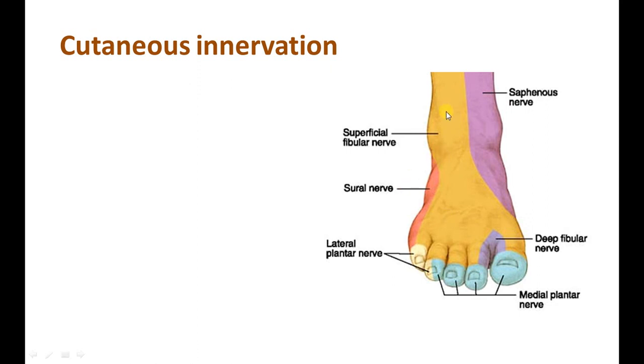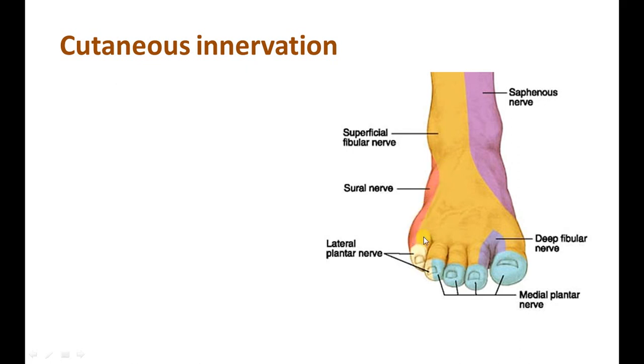In the same way, coming to the lateral border of the foot along with the little toe, but excluding the skin over the distal phalanx region, the remaining part is supplied by the sural nerve, which is a branch of the tibial nerve.